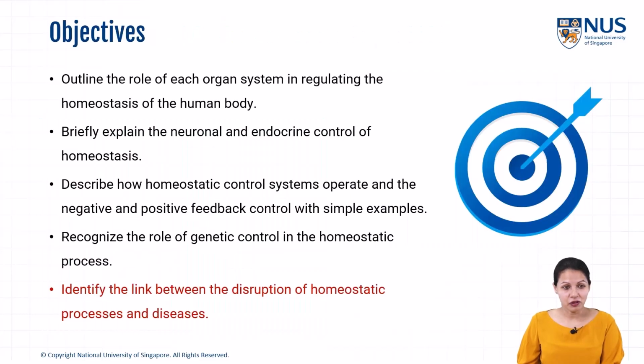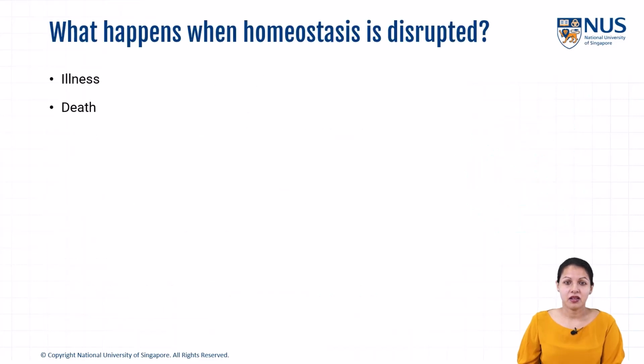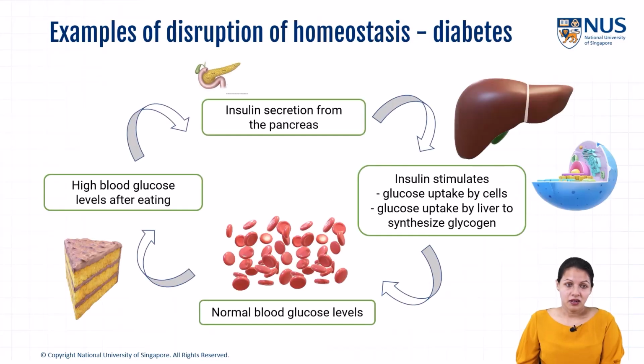Coming into the final objective is to identify the link between the disruption of homeostatic processes and diseases. So, disruption of homeostasis can lead to illness and death. Let me illustrate how disruption of homeostasis leads to disease. Our blood glucose levels are maintained at a constant range, as we learned before.